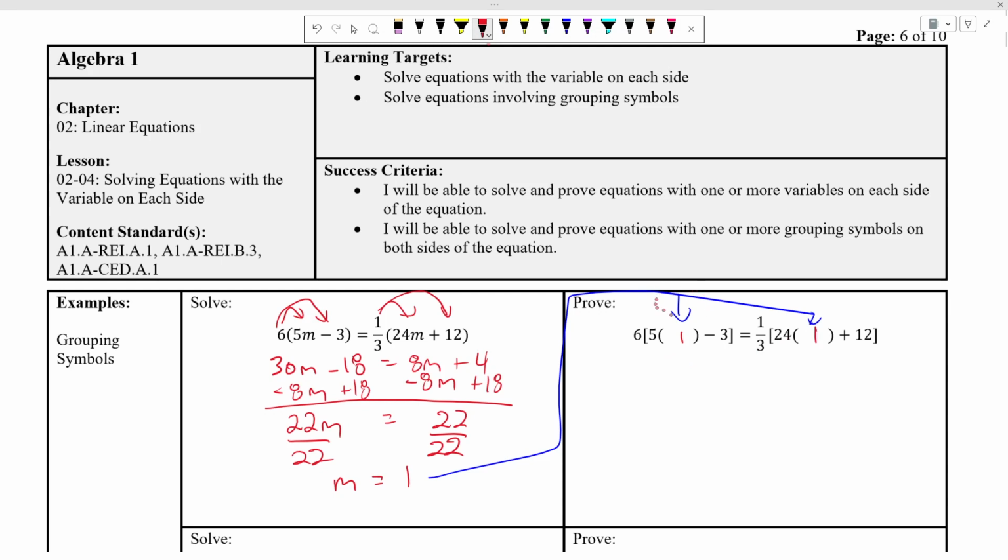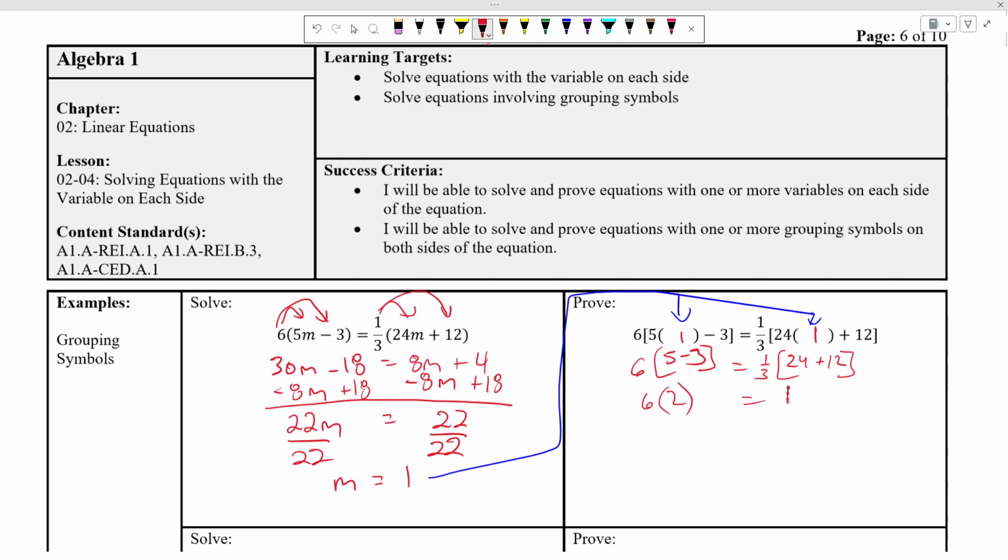So, PEMDAS, order of operations, work in, then proceed outward. 5 times 1, that's 5, minus 3, and that equals, let's see, 24 times 1, it's just plain old 24, plus 12, so 24 plus 12, 1/3 of that. Okay, let's see, this has become 6 times 2.